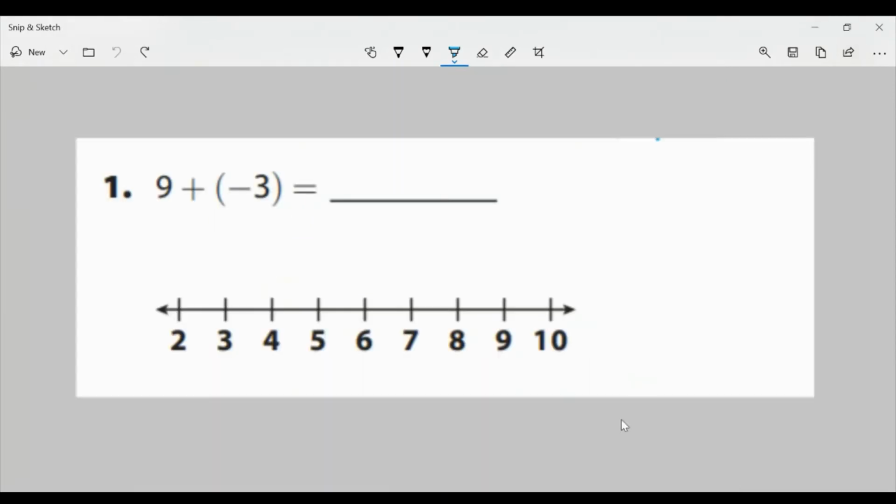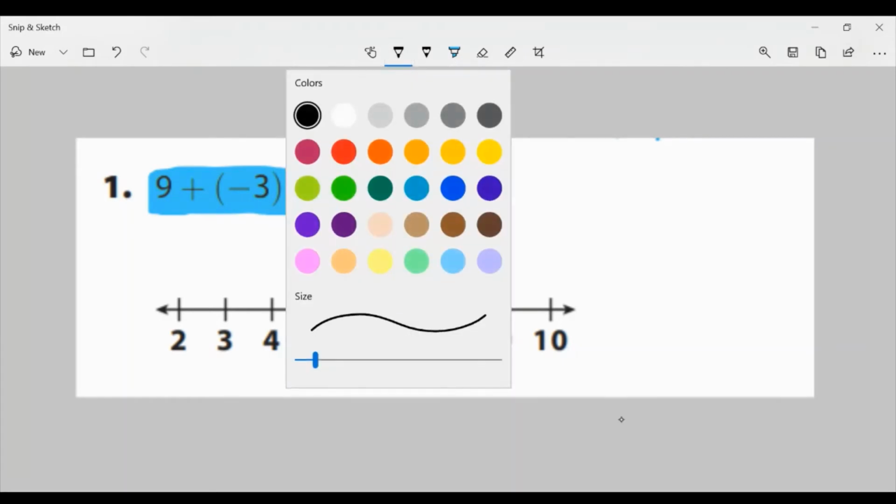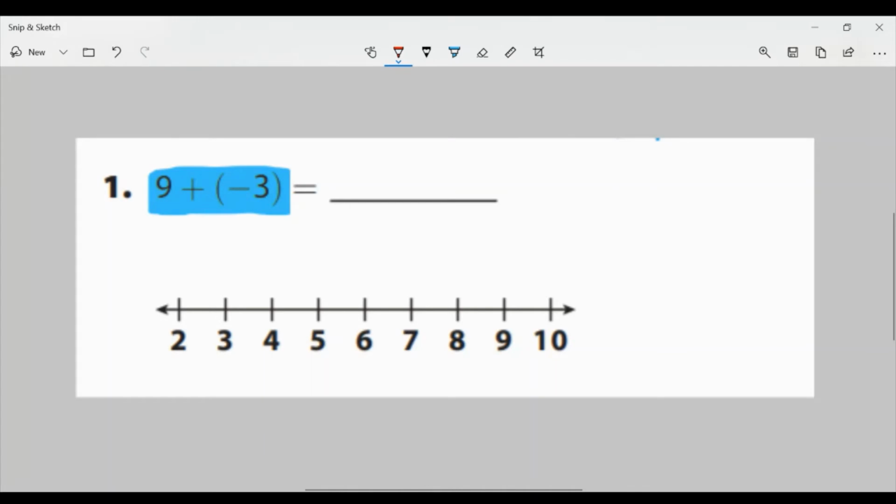All right, so looking at number 1 on page 16, they want us to use the number line to find each sum. Okay, so we're going to start off with number 1, and we have 9 plus negative 3. From here, I want to use my first number, positive 9.